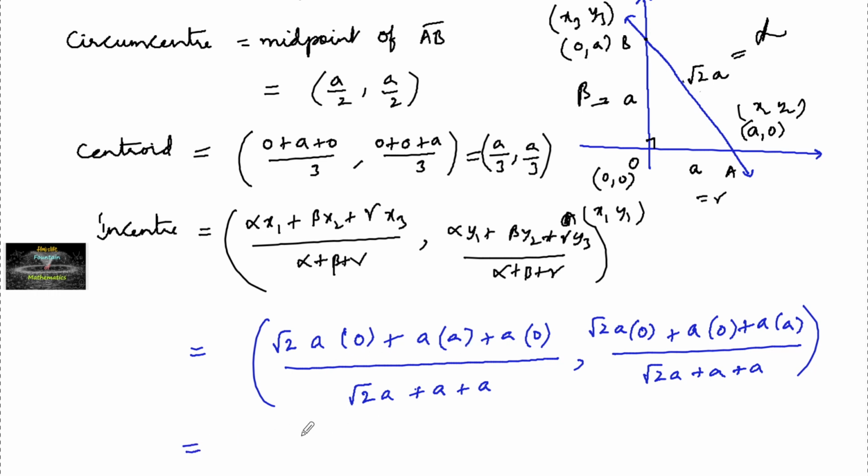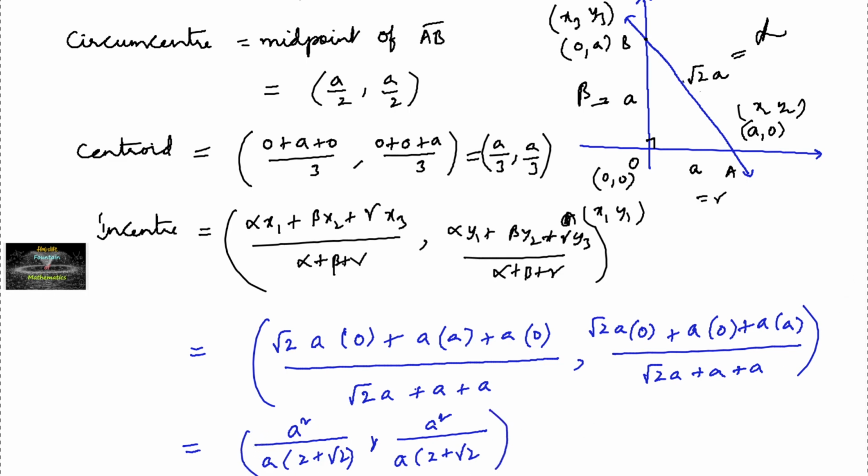So this equals a squared divided by a(2 + root 2)... wait, a common: a squared divided by a times (1 + root 2), and the same for the y coordinate.